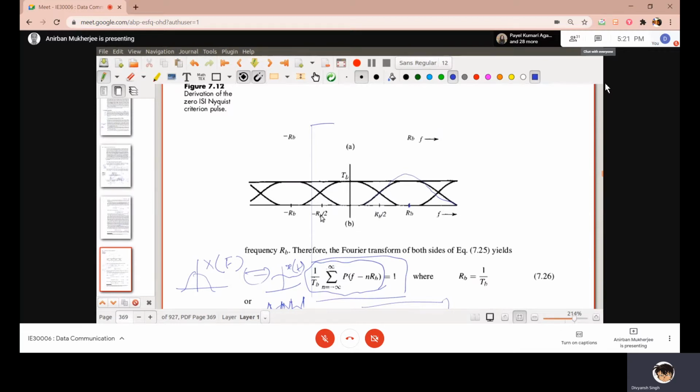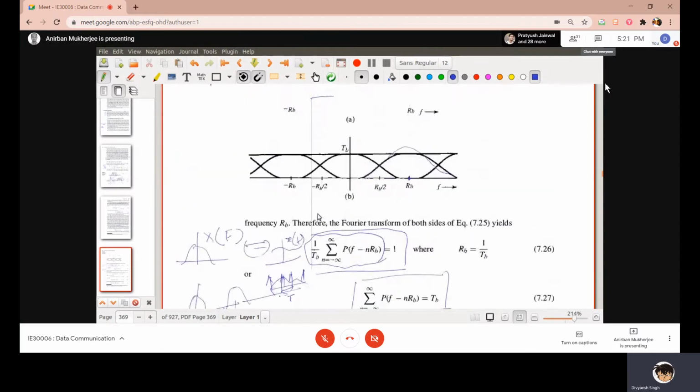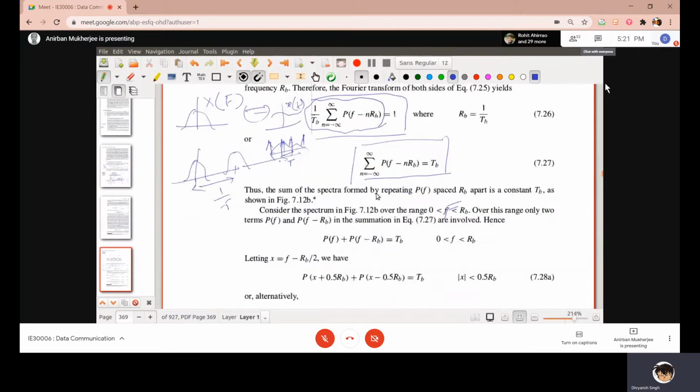Since I am considering only 0 to RB, I have this spectrum and this spectrum, that is P(f) and P(f minus RB). So I take the summation of P(f) and P(f minus RB). The rest of the n I am not considering, because I am considering f from 0 to RB.